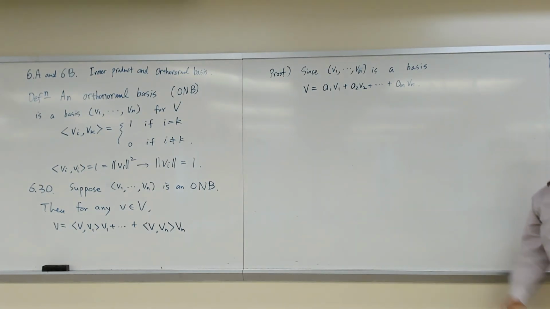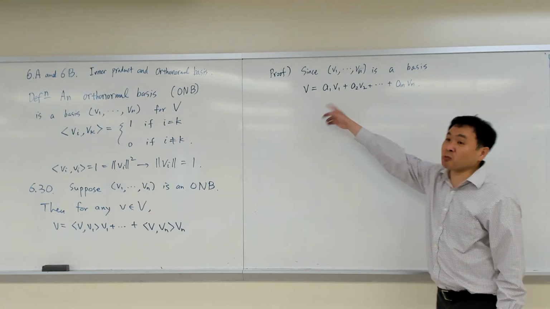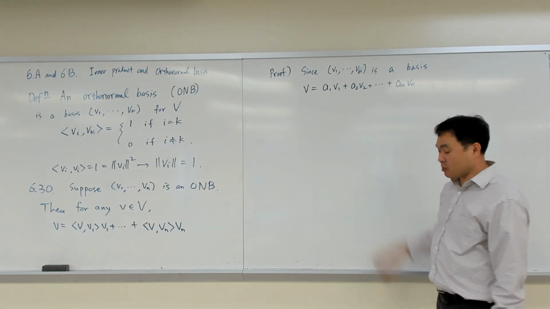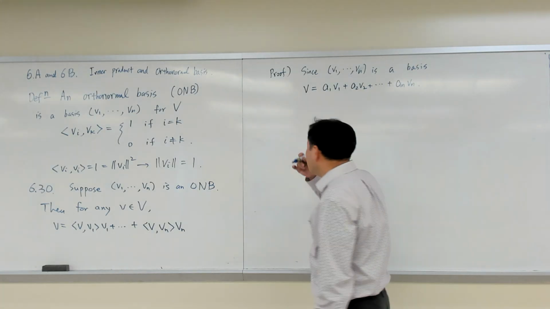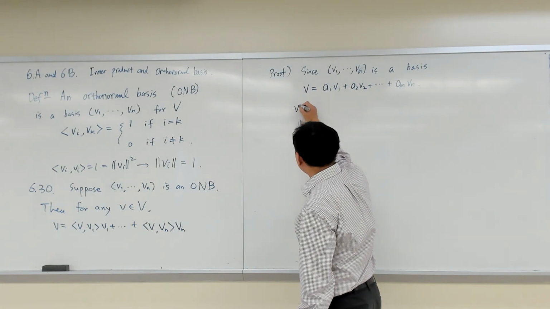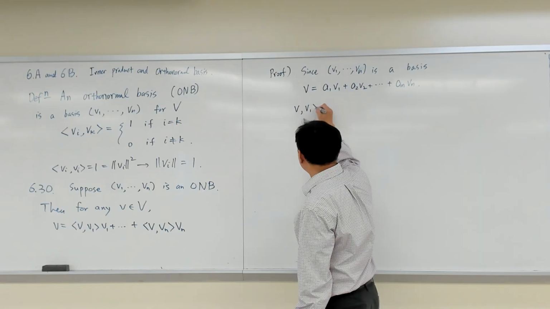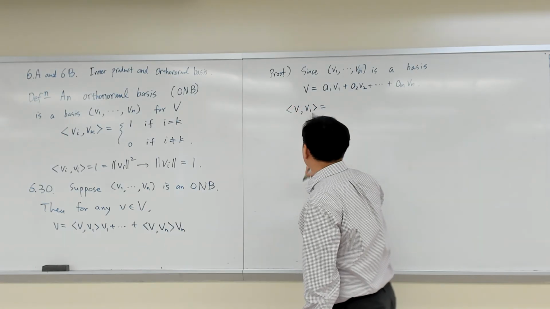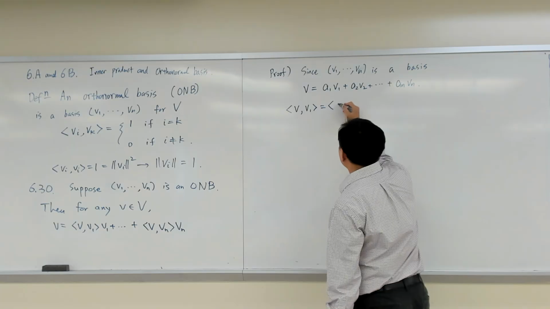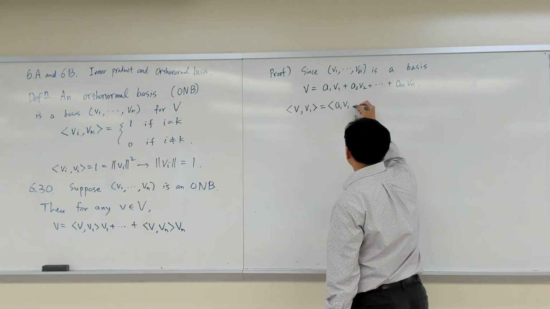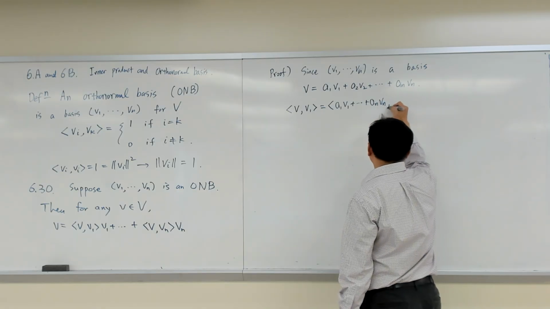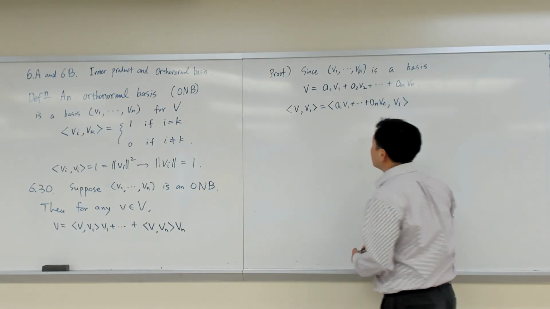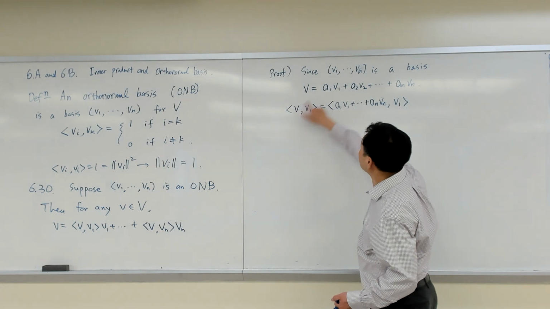We've been talking about this the entire semester, that if you have a basis, you can represent a vector as a linear combination uniquely. But now, think about what happens if you take the inner product of V with V1. Well, then you have A1 V1 plus and so on, plus An Vn, with V1. So I'm just replacing this V by the right side.